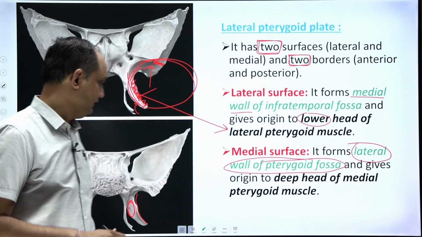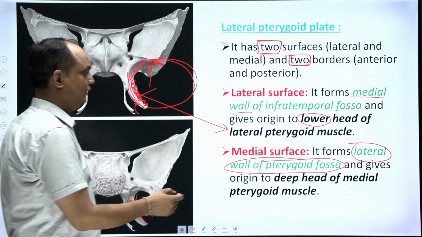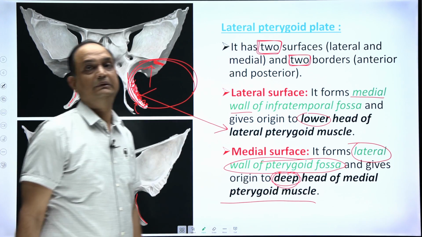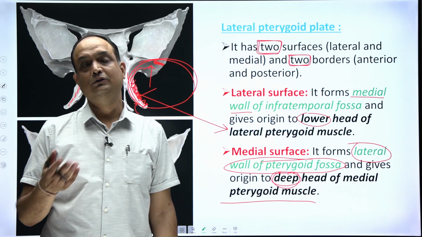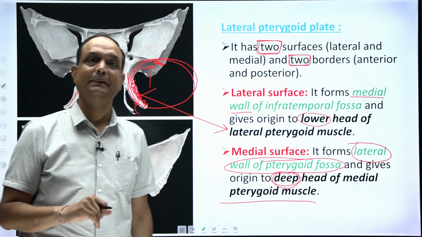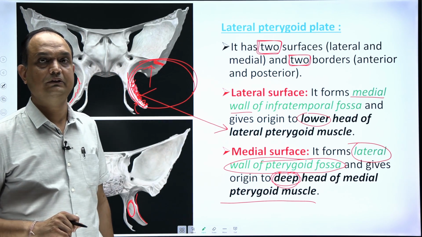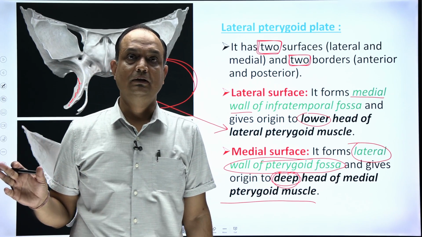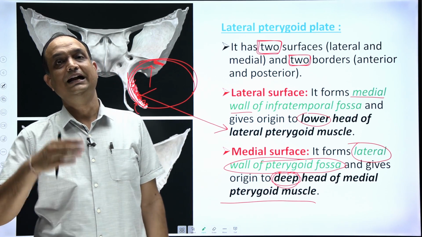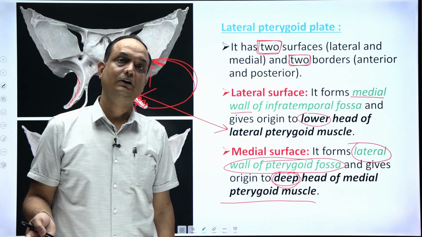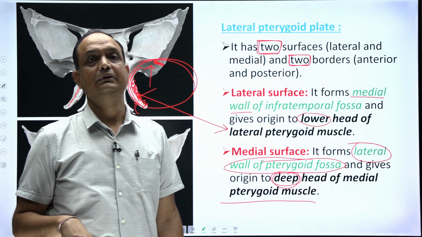Now, the inner surface of this plate is for the origin of the deep head of the medial pterygoid muscle. Clear? So, medial pterygoid also has 2 heads. One head is coming from the maxillary tuberosity and one head is coming from this medial surface of the lateral pterygoid plate. So, the lateral pterygoid plate is laterally related with the lateral pterygoid muscle, and medially related with the medial pterygoid muscle.